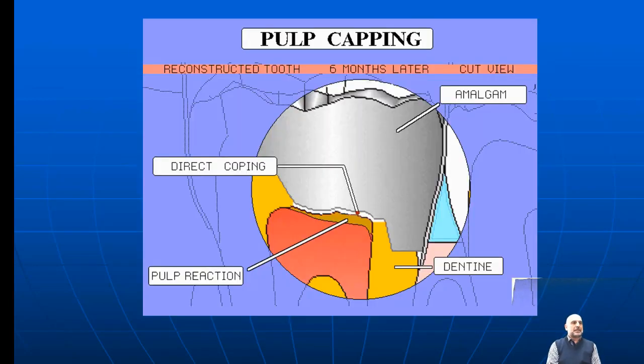In this picture, we can see the direct pulp capping on the exposure site, and the pulp reacts by forming secondary dentine underneath the direct capping. There is a filling for the other space of the defect, and there are dentine and other pulp tissue in this picture.